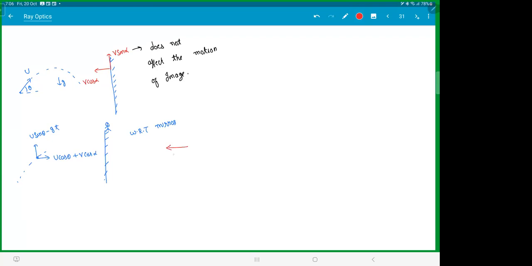So how will the image go then? The image also will go this way with u cos theta plus v cos alpha, and the vertical component will be u sin theta minus gt. So velocity of the image with respect to the mirror is minus (u cos theta plus v cos alpha) i cap plus (u sin theta minus gt) j cap.